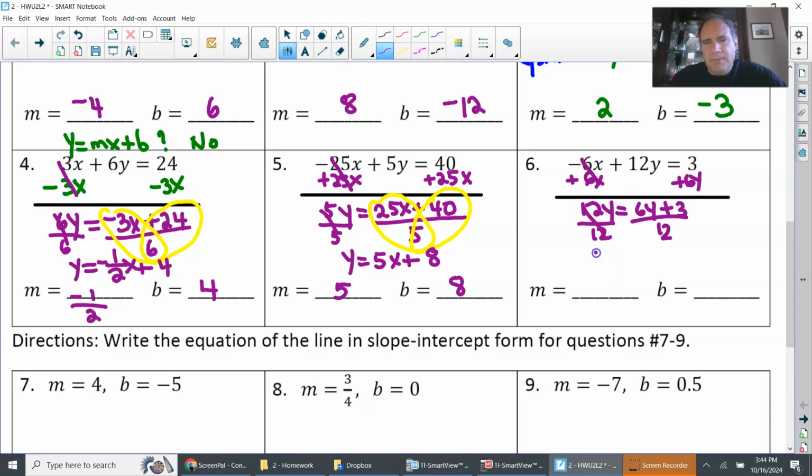And then just remember, 6 over 12. 6 over 12 is 1/2. This is x, by the way. Right? So this is 6x. So 6 divided by 12 is 1/2. And don't forget the x next to it. And then 3 over 12. Yeah, you could leave it 3 over 12.